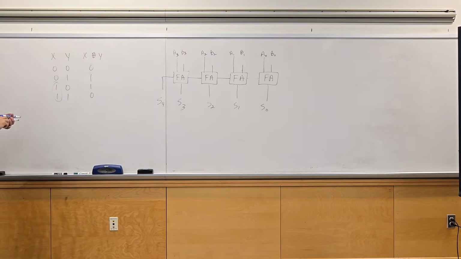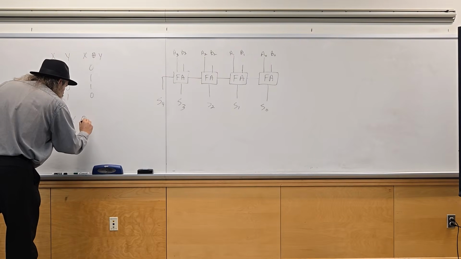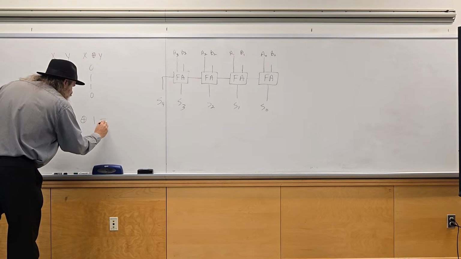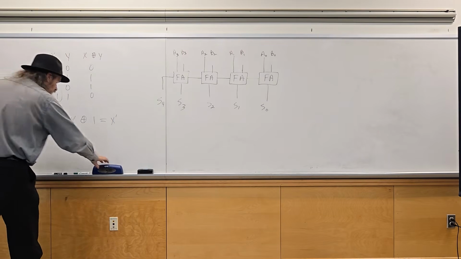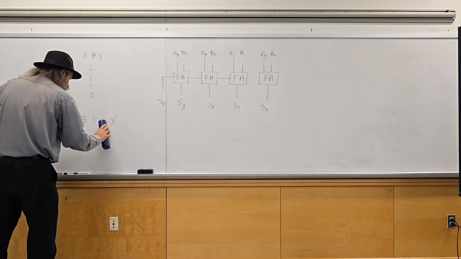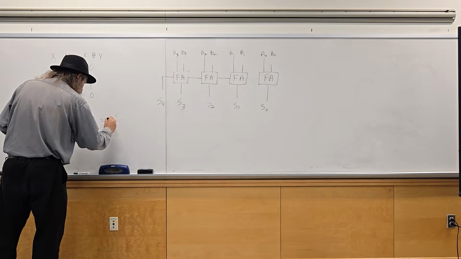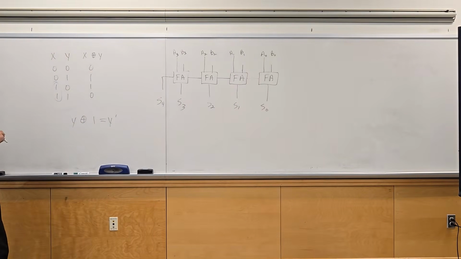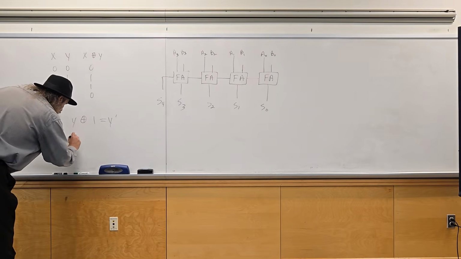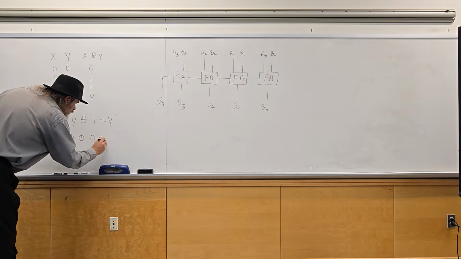So y XOR 1 equals y prime, and y XOR 0 equals y.